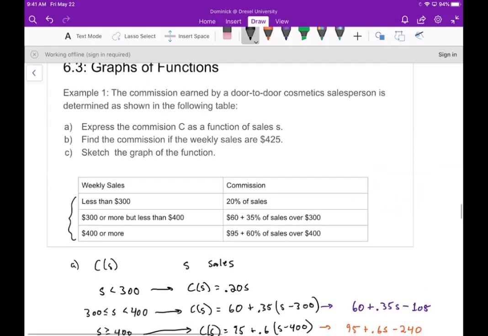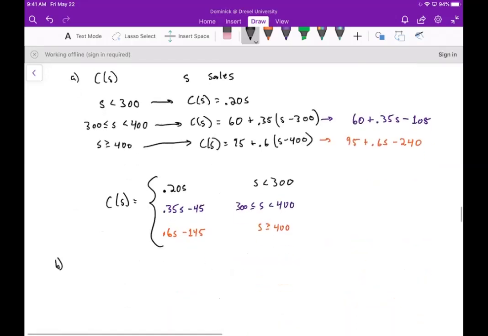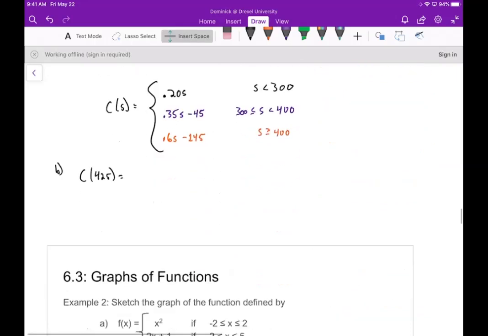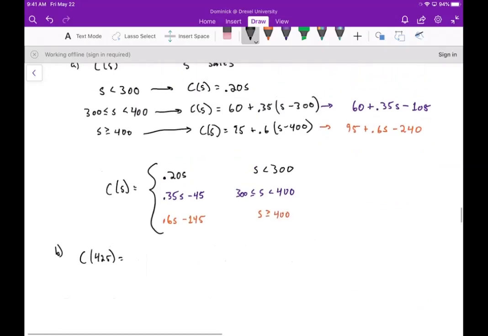Now for part B, we want to find the commission if the weekly sales are 425. So we want to find C of 425. Since this is piecewise, depending on what your input value is, you need to use a different function. So where does the input value of 425 fall? That falls into this last one. So I would need to plug that into the last section here: 0.6 times 425 minus 145.